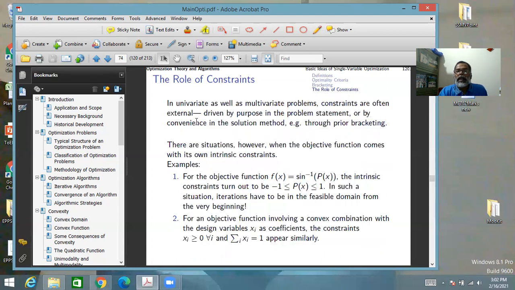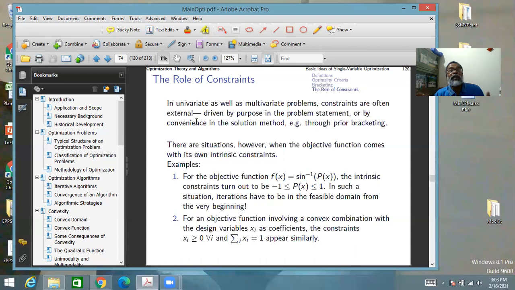Now, in all kinds of optimization problems, single variable, multivariable, whatever, constraints are often external, that is driven by purpose. That is, if it is a design problem, then you say that within this range of the variable values, we are looking for a solution. Or in other kinds of problems also similar external constraints come.